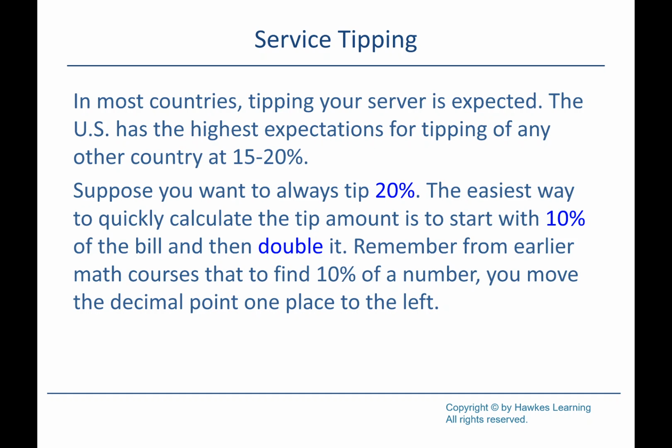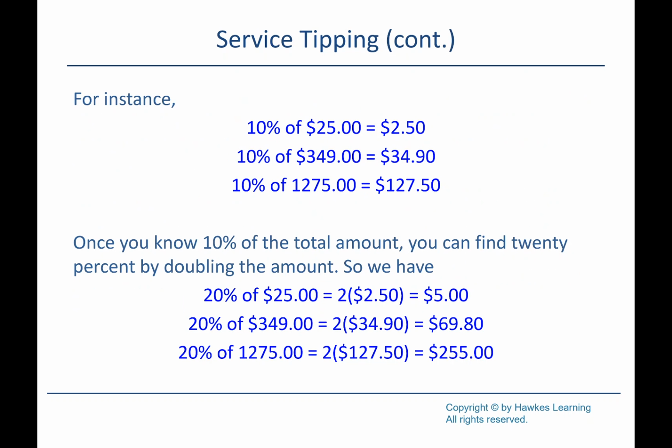All right, so this idea of taking 10% of a number. We can use that to estimate a tip. So let's look at a few. 10% would be easy. And usually you want to tip a little more than that. But a 10% tip would be easy. Like if we had a $25 bill, you move the decimal place, get $2.50. That's 10%. So even on a bigger number, that works.